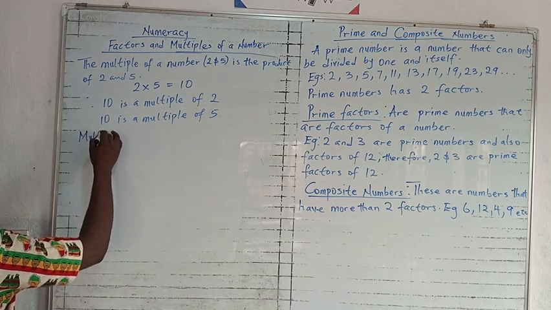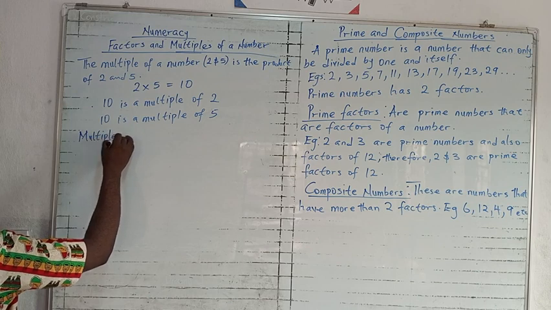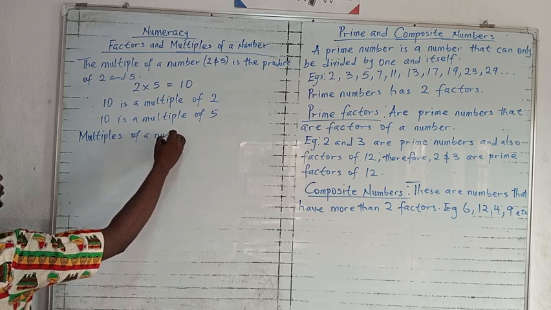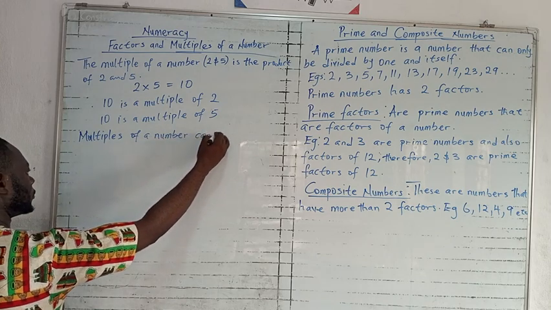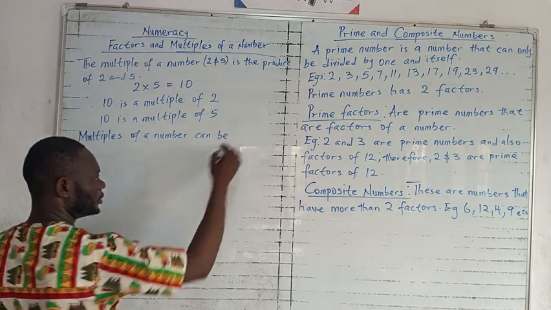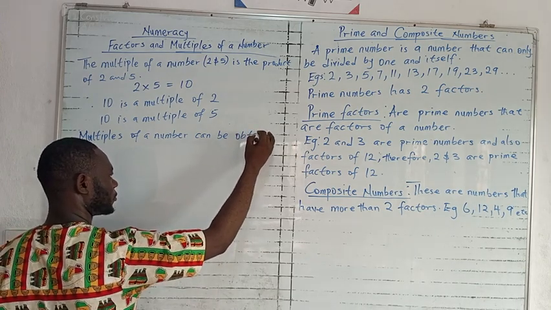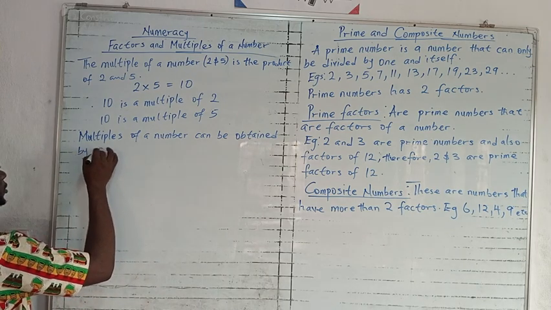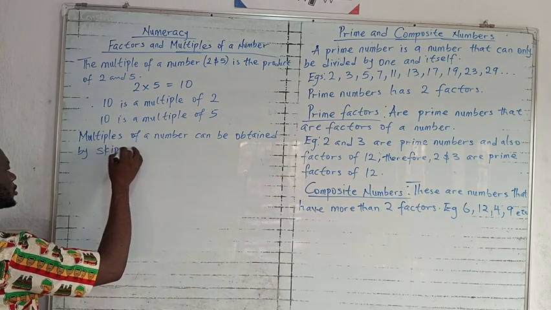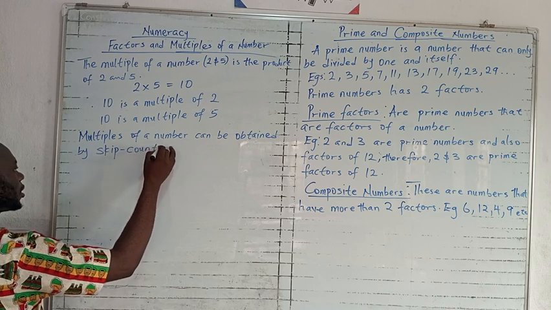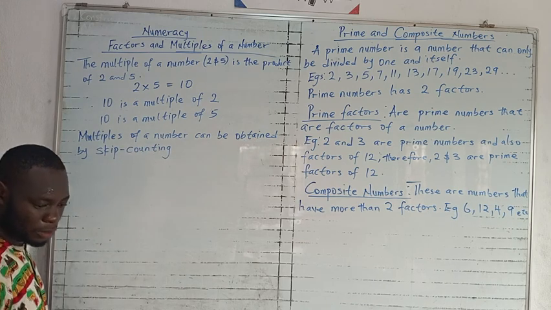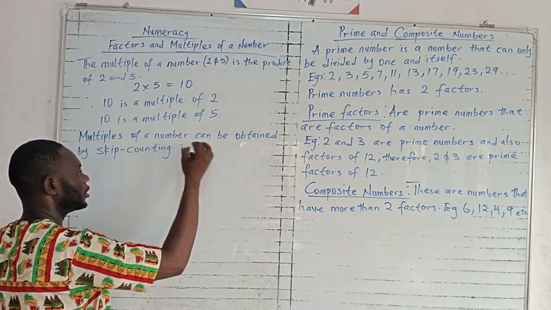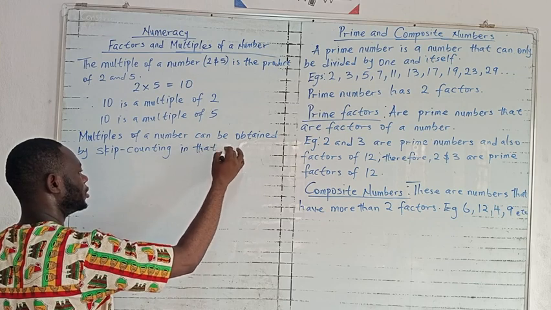Multiples of a number can be obtained by skip counting in that number.